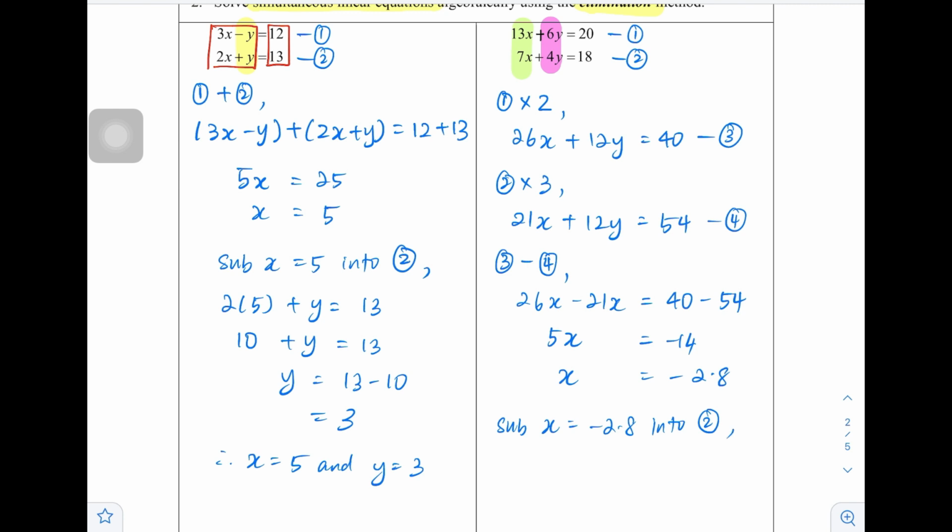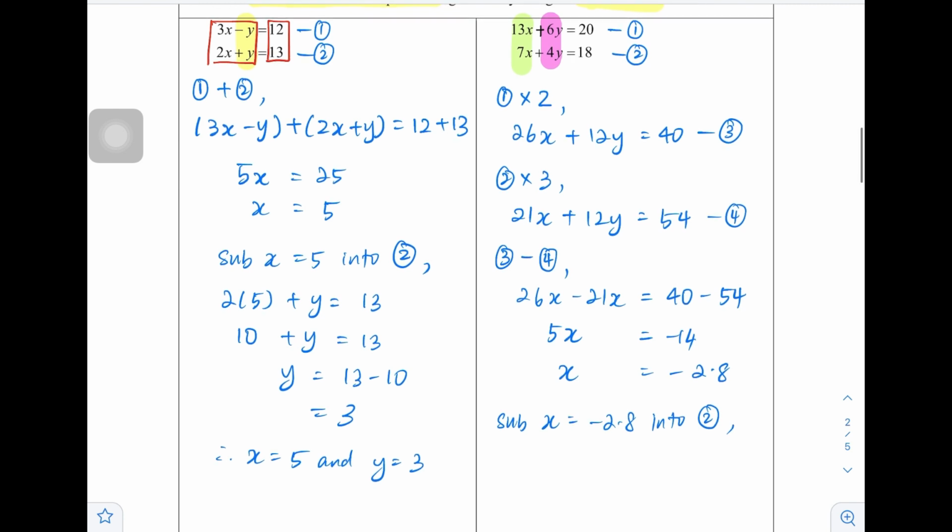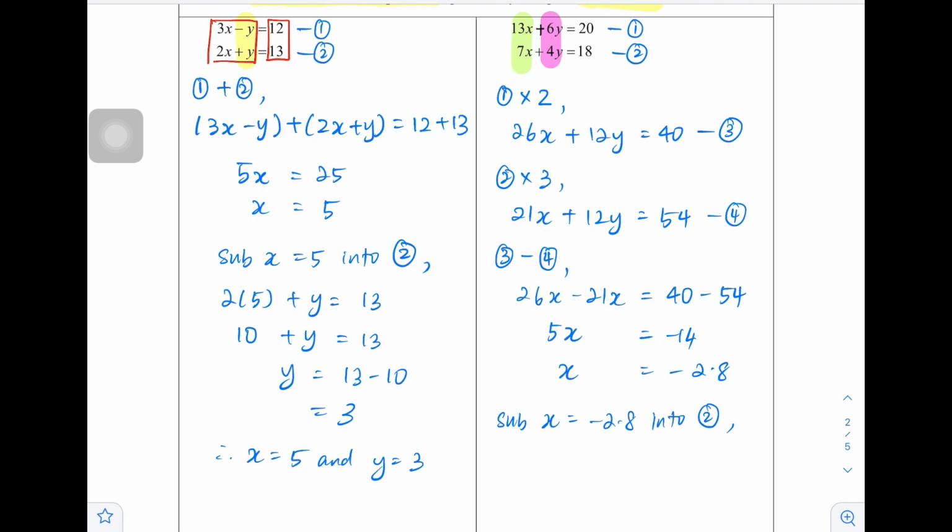So let's substitute x equals negative 2.8 into equation 2. I will have 7 times negative 2.8 plus 4y equals 18. 7 times negative 2.8 would give me negative 19.6 plus 4y equals 18.